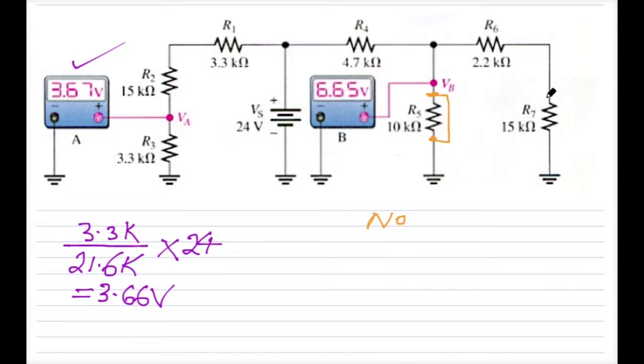What about if the 15K resistor went short circuit though? Let's get that first short circuit off there. Take that away. If the 15K resistor had a short circuit across it, we'd have 2.2K in parallel with 10K. I think we said before that'd be about, I'm only guessing here, 1.8K.